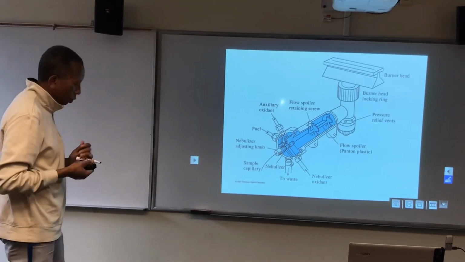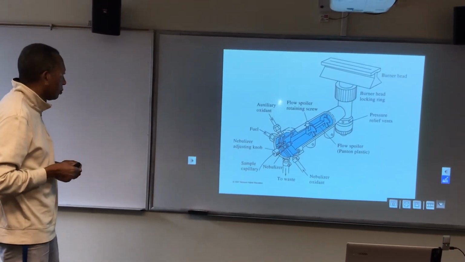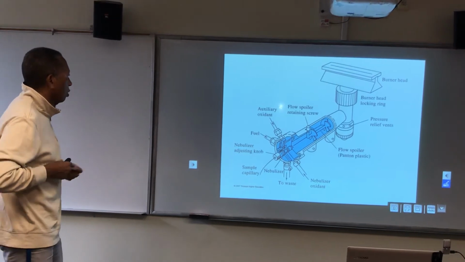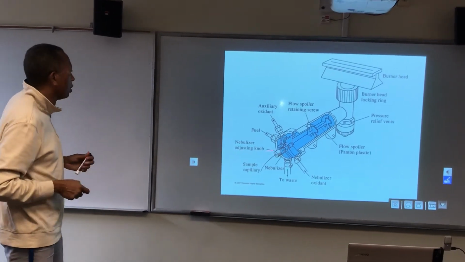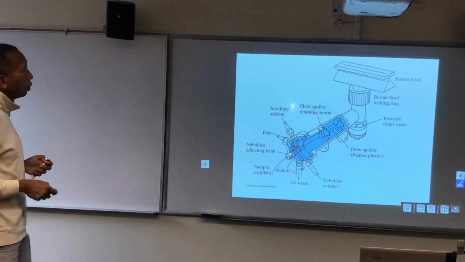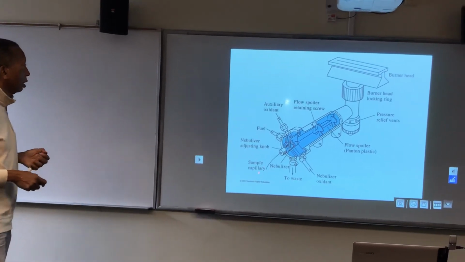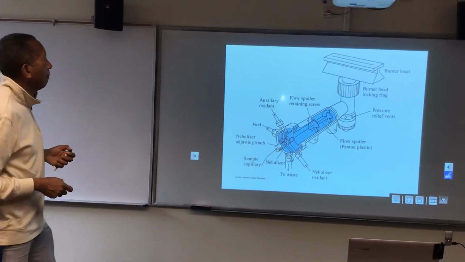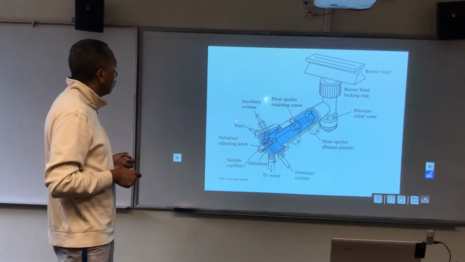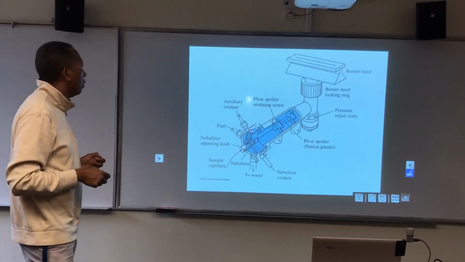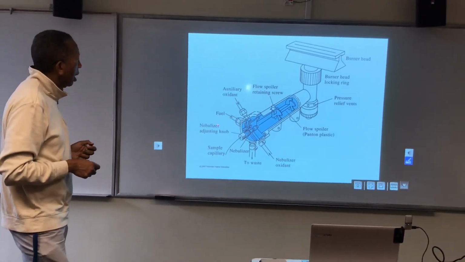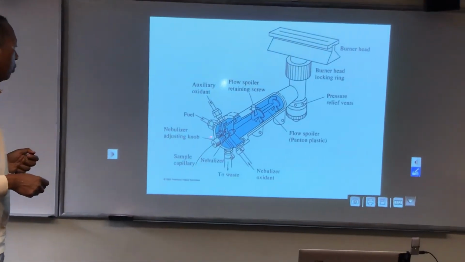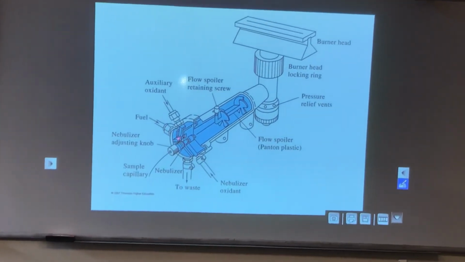So let's look again. We have this really small capillary here, for when your sample is in solution, and it goes into here. Here we have fuel coming in, and we have oxidant, and the sample is being aspirated in.